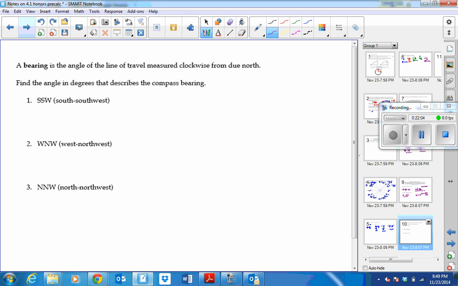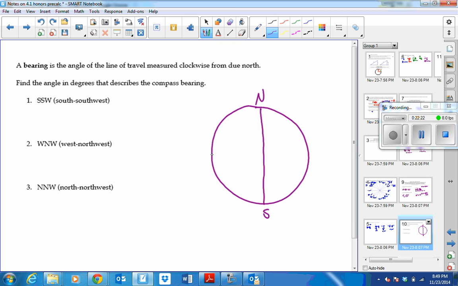Okay, a bearing is the angle of the line of travel measured clockwise from due north, and this is something that sailors use a lot. So find the angle in degrees that describes the compass bearing. When you think about a compass, you have pure north, pure south, pure west, and pure east.